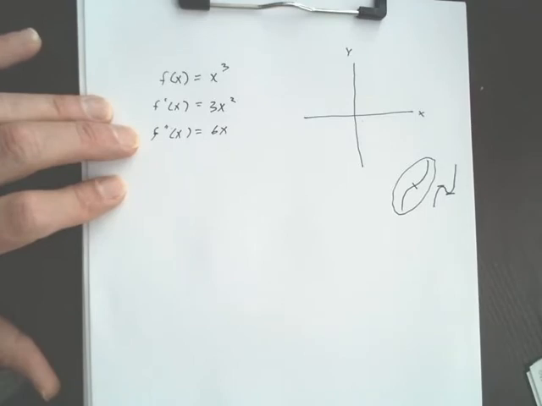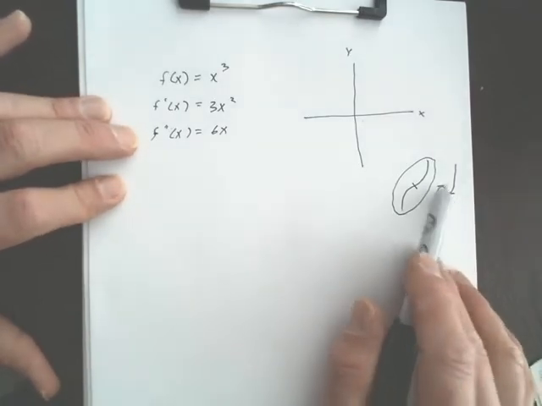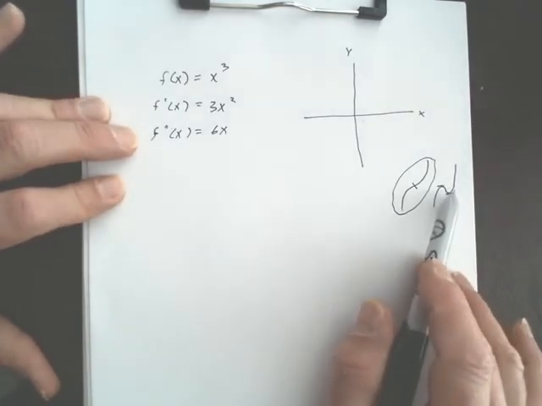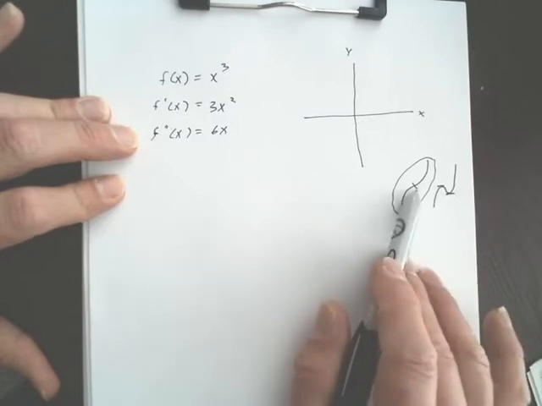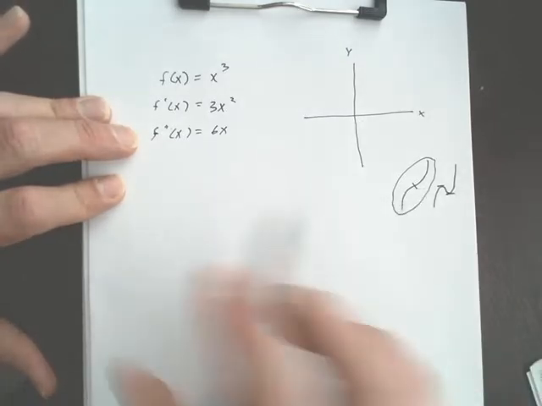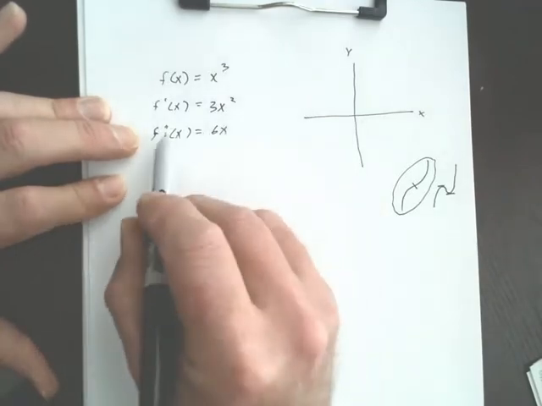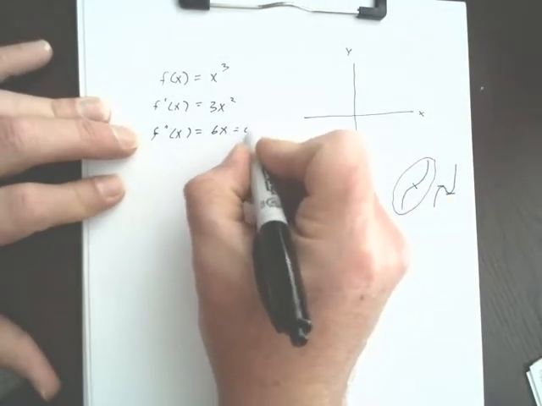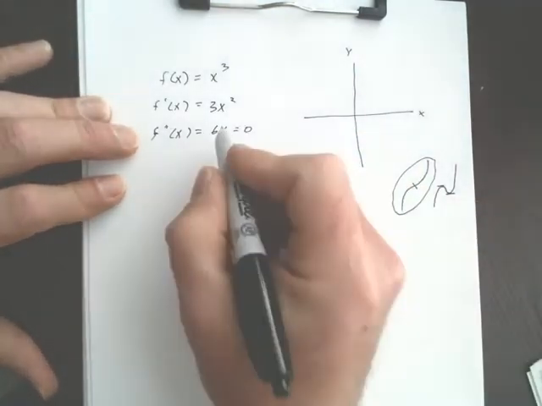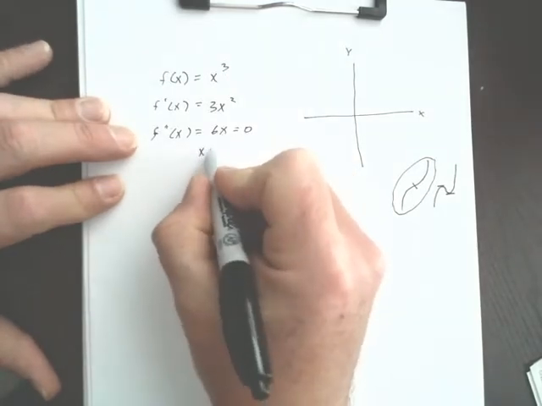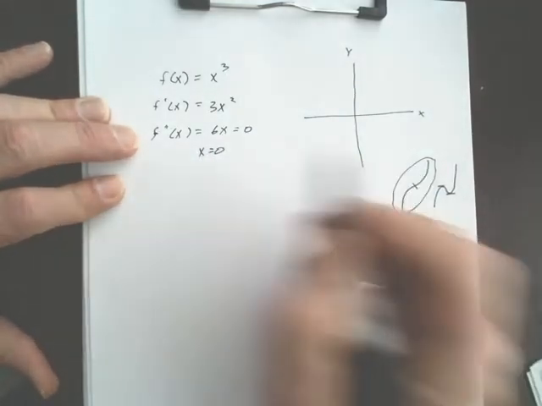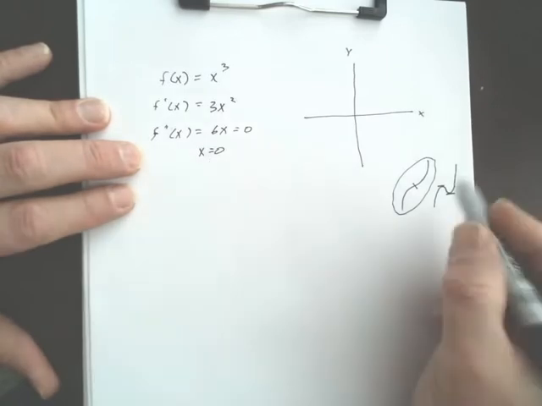Because we don't have critical points of maxes and mins in this example. We only have the inflection point to worry about. Okay, so if we set f double prime of x equal to 0, well then what do we get? We get x equals 0. Okay, that is the x coordinate of our inflection point.